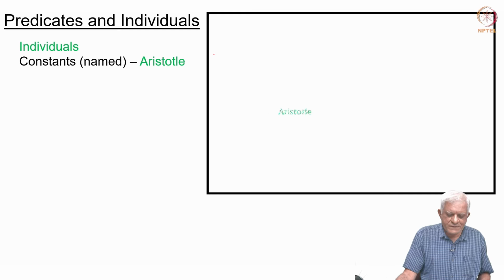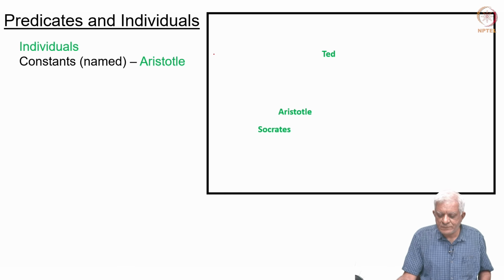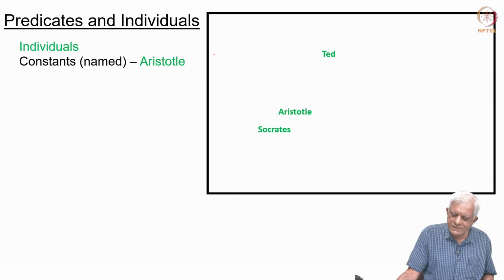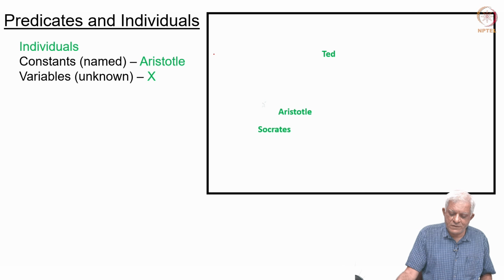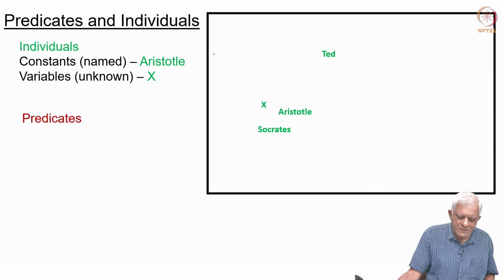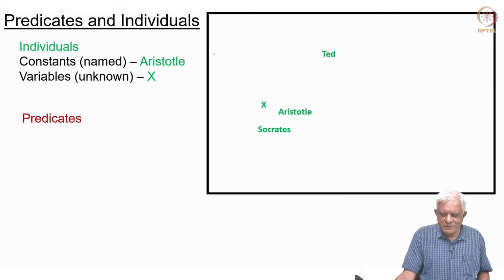Individuals may be constants, as we have said, for example, Aristotle, or it may be Socrates, or it may be an individual called Ted, or they may be unknown, in which case we use a symbol which we call a variable symbol, like x is the most commonly used variable symbol, and we say that x is an individual. We have not said anything about x so far, or about Socrates or Aristotle or Ted. We have just said that these are individuals. Some of them we know and some of them are unknown, that we do not know who that x refers to or what that x refers to.